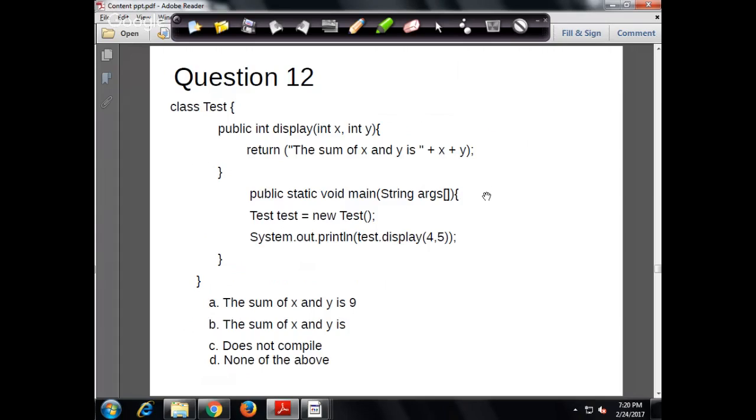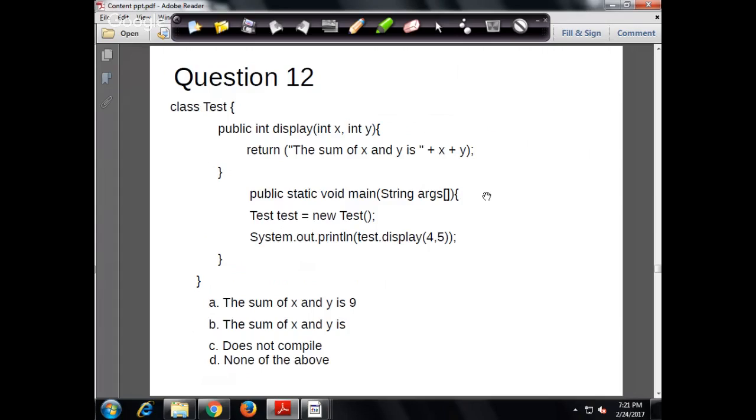So can I have the answer for question number 12 from you guys? Okay, so I have varying answers.